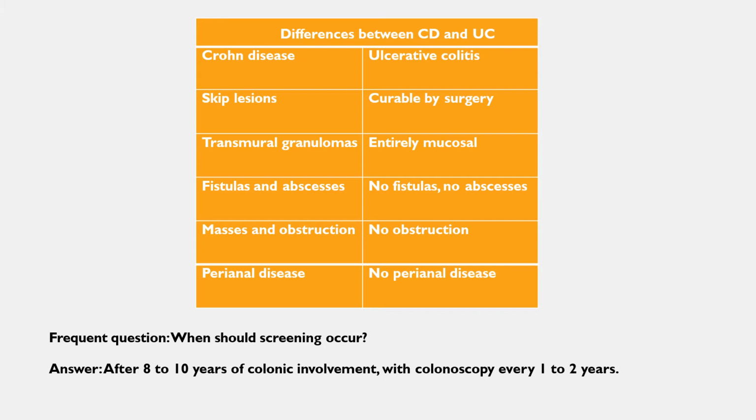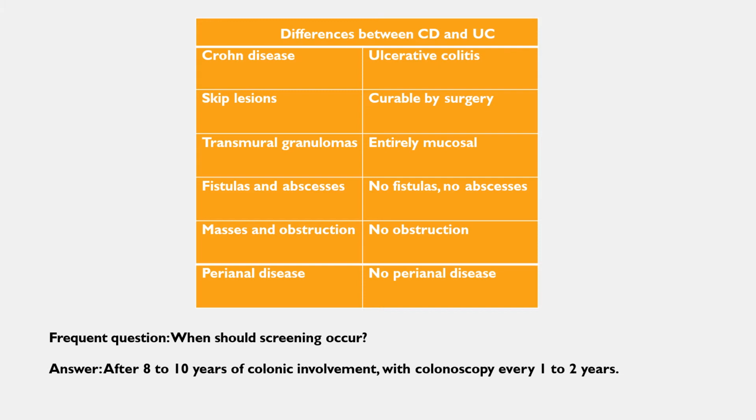Number 2, transmural granulomas. Number 3, fistulas and abscesses. Number 5, masses and obstruction. And number 6, perianal disease. So these are the main features of Crohn's disease: skip lesions, transmural granulomas, fistulas and abscesses, masses and obstructions, and perianal disease.